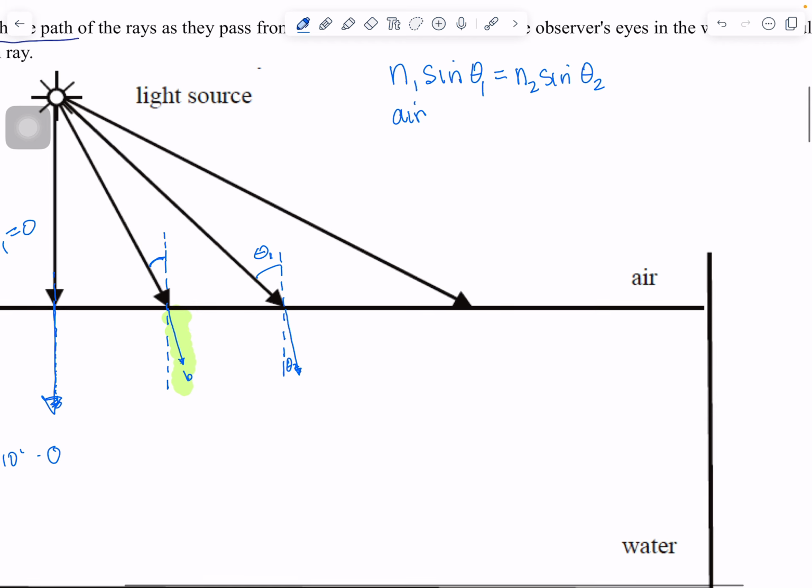Next ray, same thing, draw the normal. Now, if you haven't done it on your paper, I want you to stop the video and draw it right now. Okay, so this is my theta 1. My theta 2 has to be smaller, and it's going to go that way. So hopefully your theta 2 looks something like that.